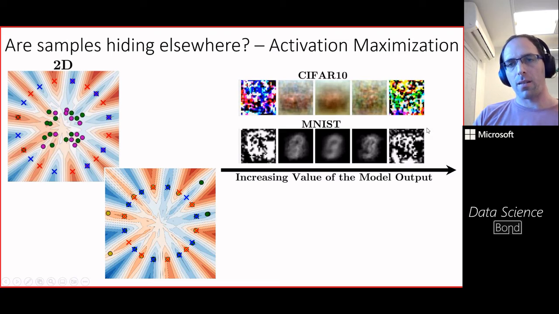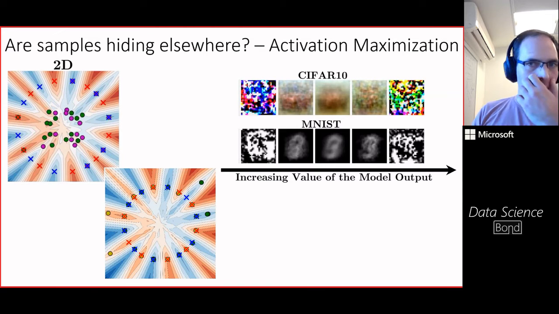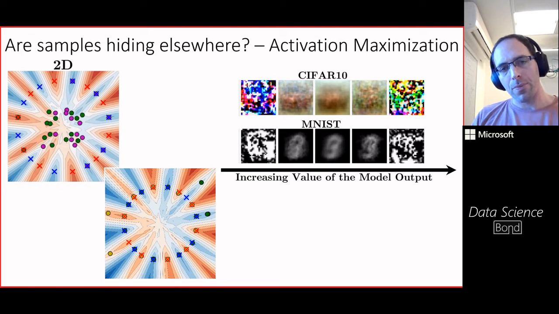This is a very typical result with activation maximization. But I didn't get anything that looks like the training set samples. So using activation maximization, we could not retrieve the samples like we get using our loss.